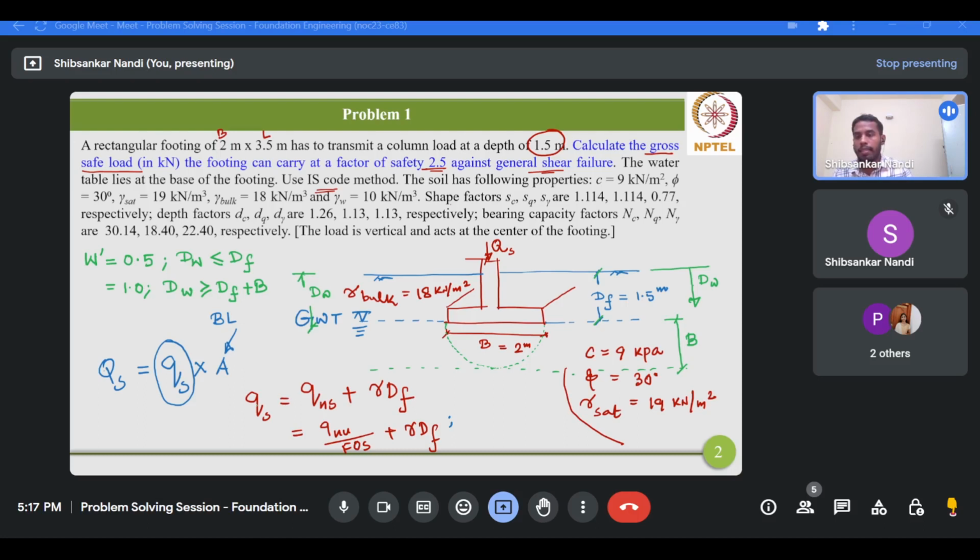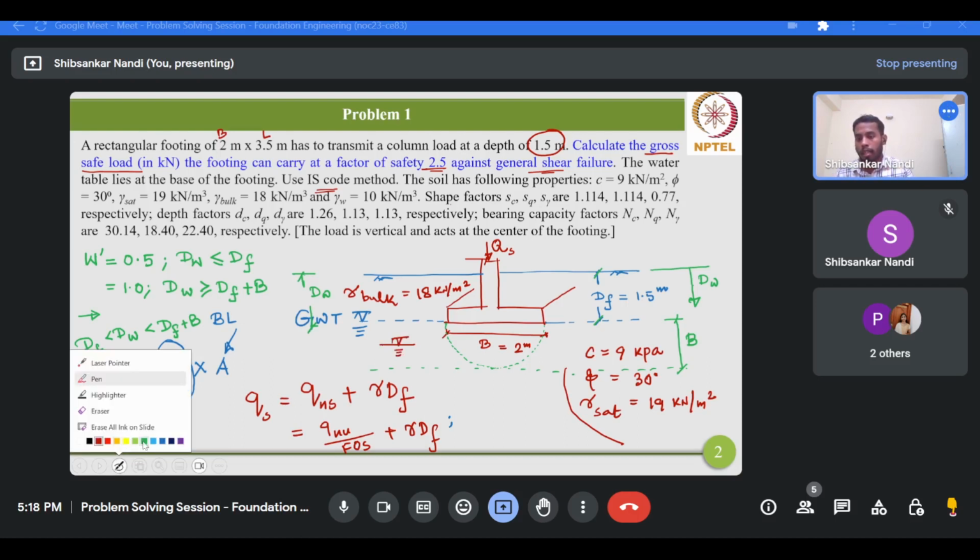Now if the case is in between these two, that means if this dW is in between dF and dA plus b, the scenario is like that, somewhere here.